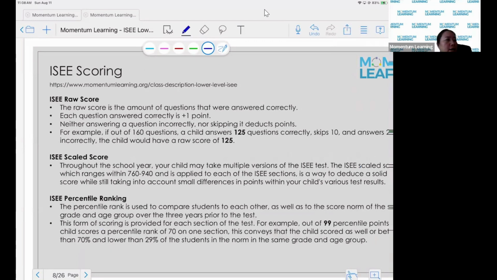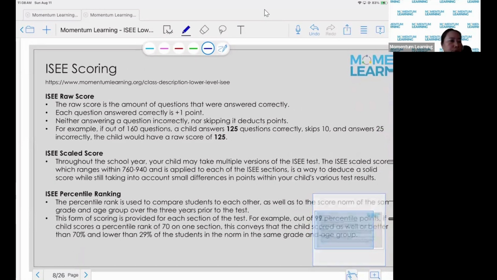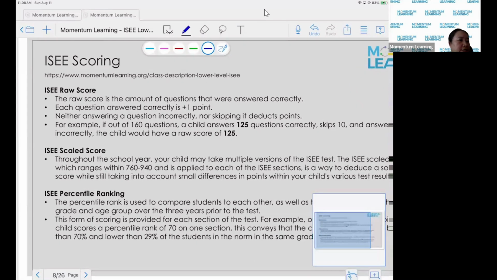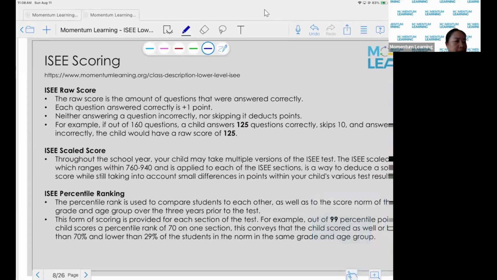So let's look at what the ISEE scoring looks like. You have a raw score, a scaled score, and a percentile ranking. Of course, you can ask what the raw score is, but I don't want to spend too much time on those.